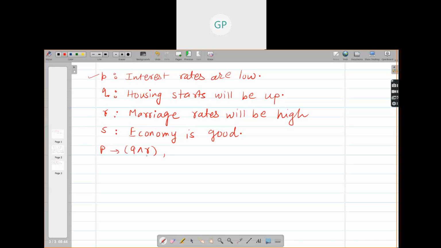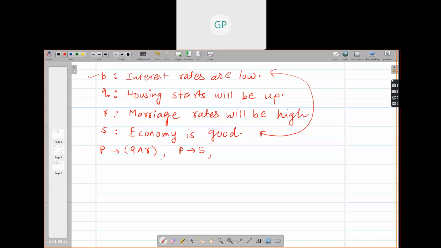Whenever interest rates are low, the economy is good. So whenever means what? If interest rates are low, then economy is good. So it is P implies S. And what is the third premise?